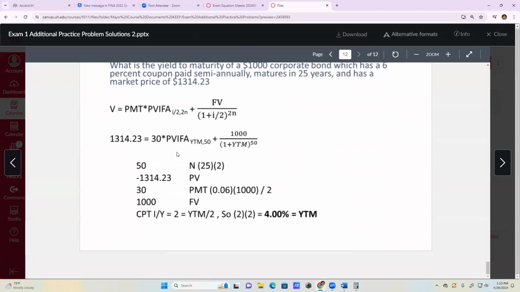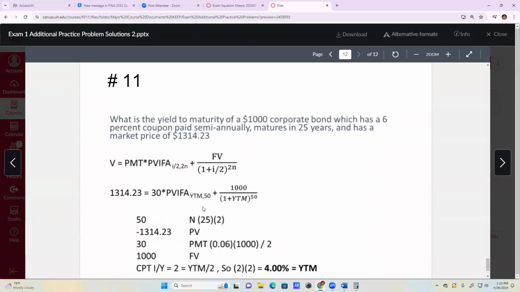Yield to maturity. I think this one is about the coupon bond. So how do you know which one is talking about the bond? Usually for a bond you will see the $1,000. Whenever it has $1,000 in there, that's how you identify that this is a bond type problem. You guys see that it pays semi-annually, right? This is the coupon rate. So in a year, 6% of 1,000 is $60.